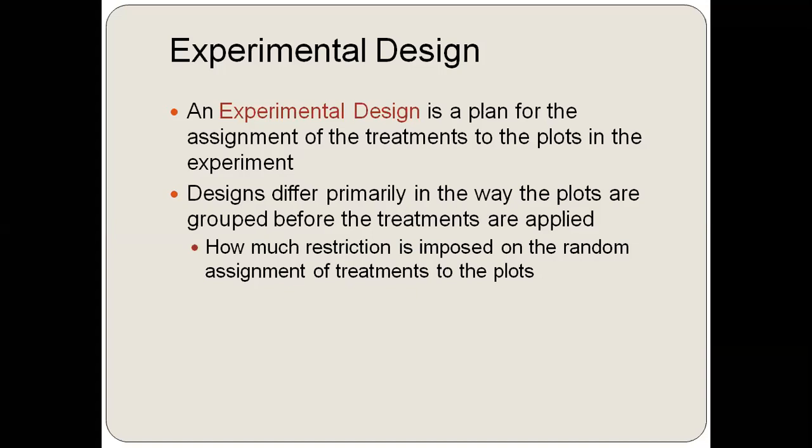This is what we have already said, how we are going to do the randomization. We'll talk about that later, one design by one. In each design, this randomization process differs, right?